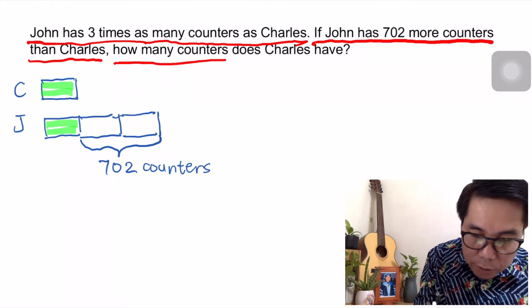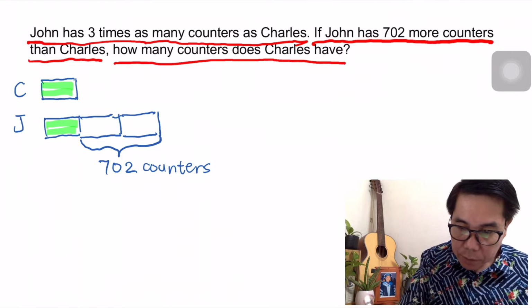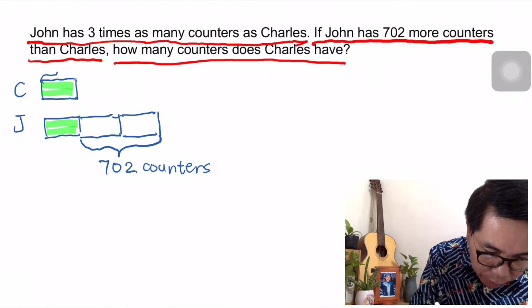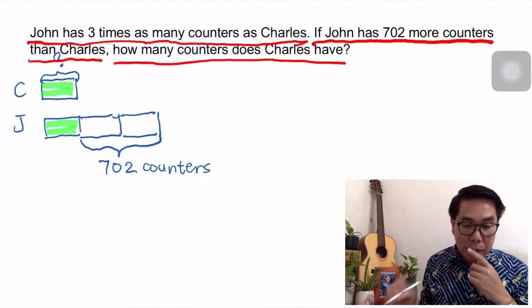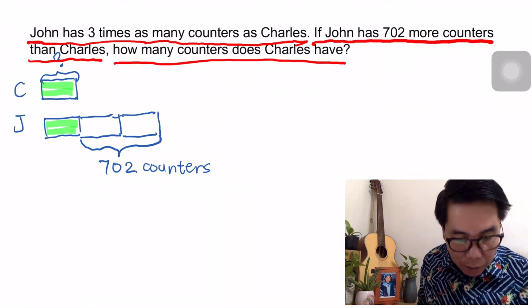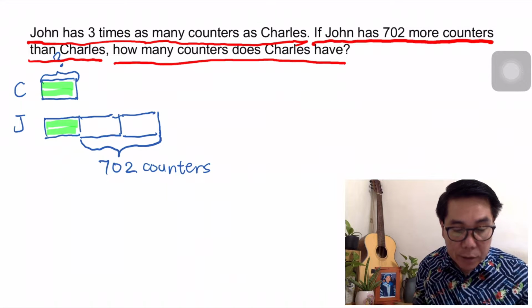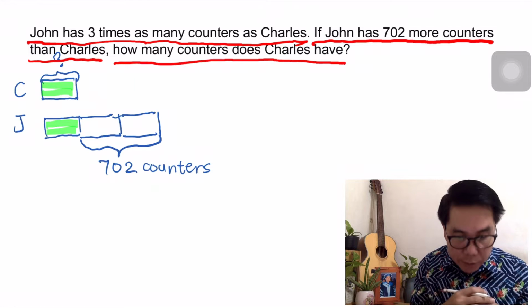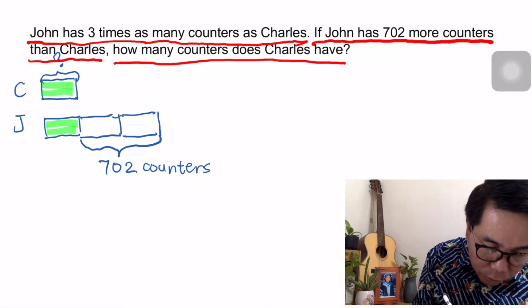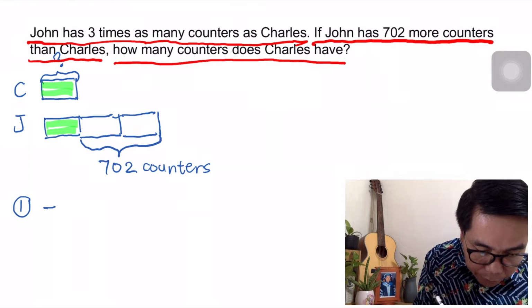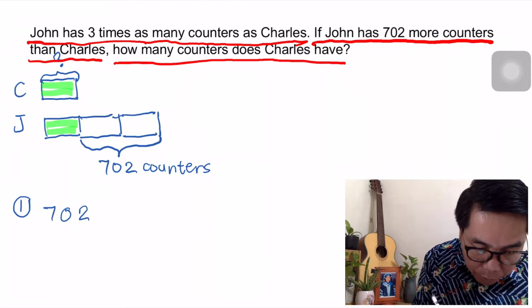How many counters does Charles have? So we're looking for this one, for the Charles. Now, if we can see, 702 is made up of 2 bars. So in other words, to find 1 bar, 702 must be divided by 2.